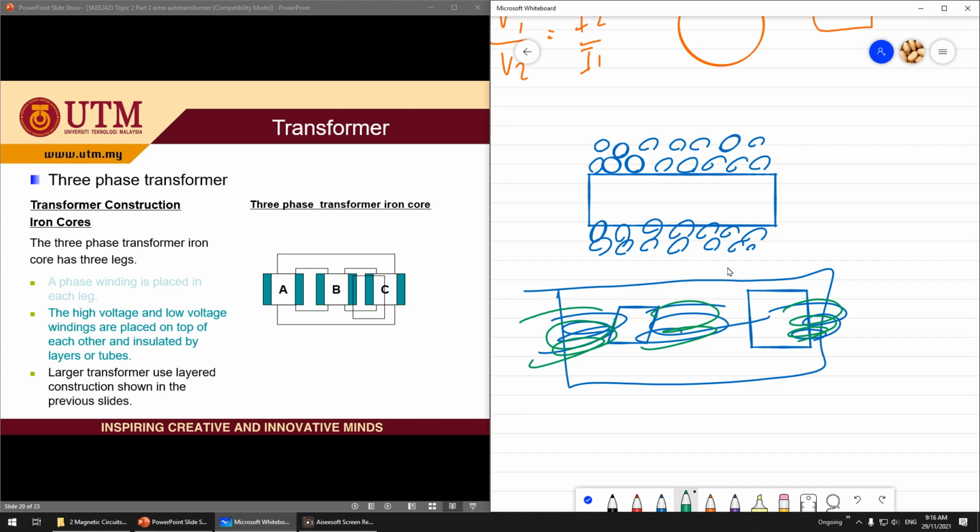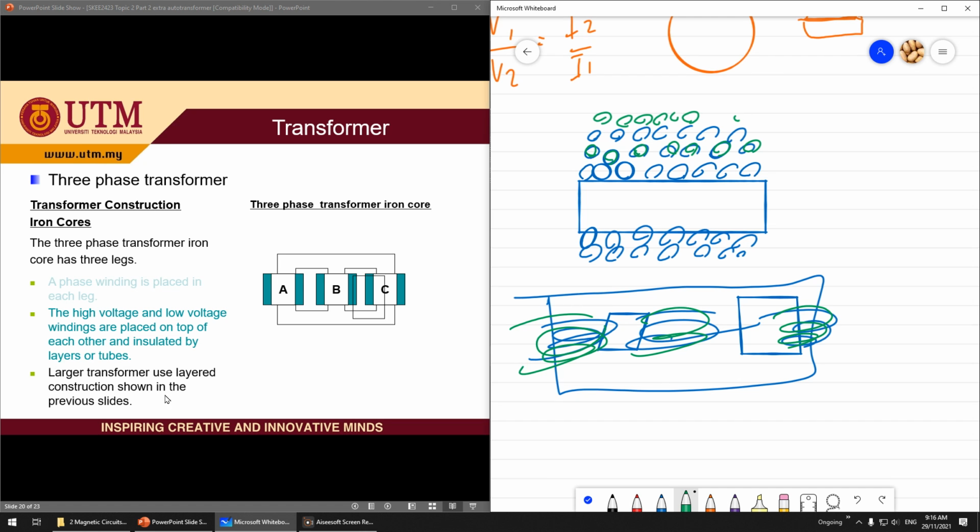A phase winding is placed on each leg. High voltage and low voltage windings are placed on top of each other. Usually you alternate them. Maybe this is the secondary winding, and then you have the primary winding back, and then the secondary, depending on the design.